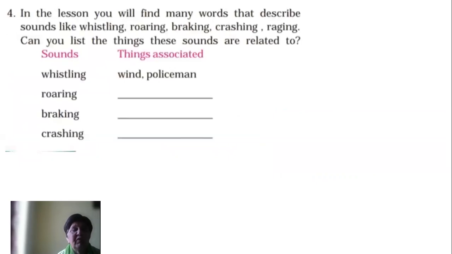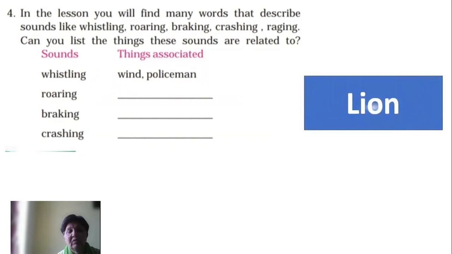Then with the sounds you relate a few things, like whistling. You relate wind. How is the wind? It is whistling wind, means it makes noise like a whistle. Whistle is used by policemen. Then roaring. As soon as you hear the word roaring, the animal comes in front of your eyes, that is lion. A lion roars.